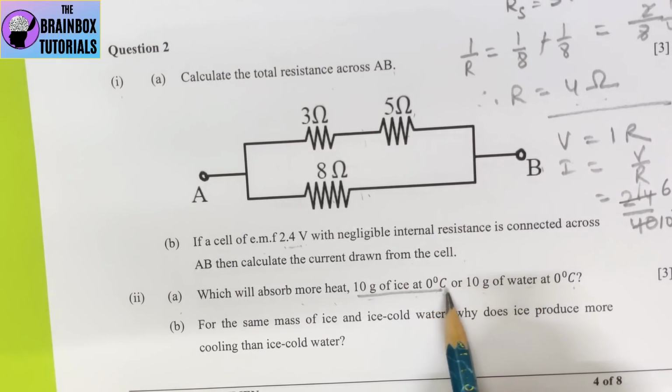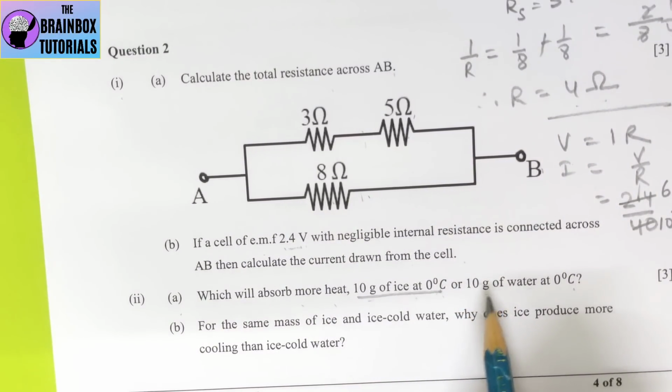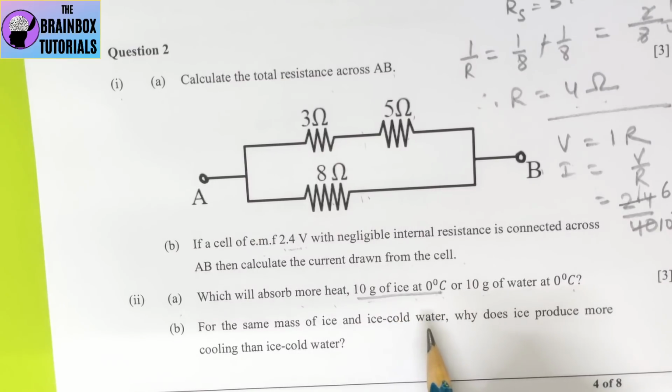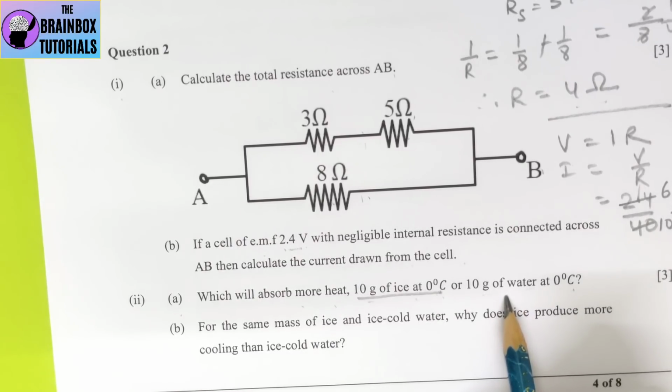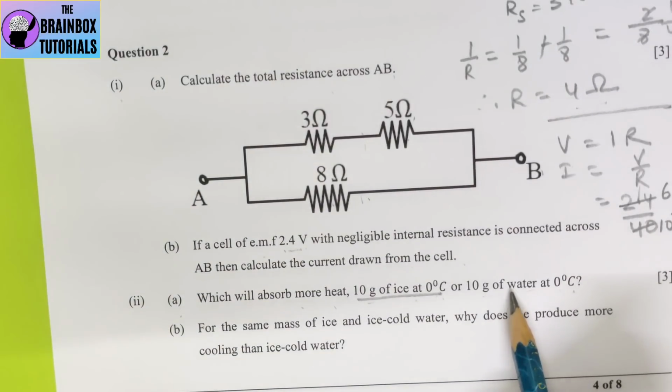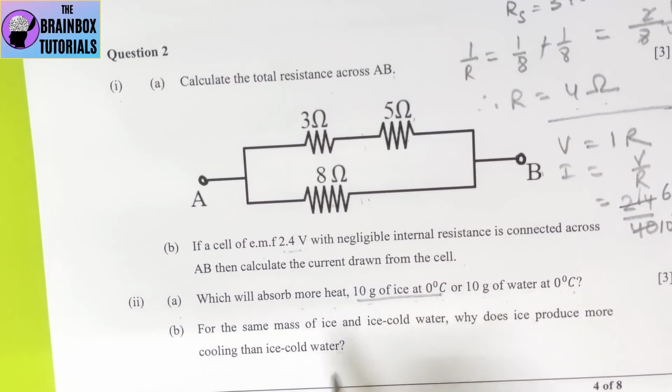And you can also write the difference between the specific latent heat and the specific heat capacity of water. That specific latent heat of ice is 336,000 joule per kg, but the specific heat capacity of water is 4200 joule per kg per Kelvin. That is less than the specific latent heat of ice.